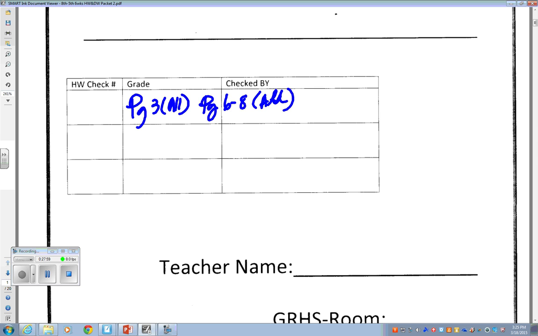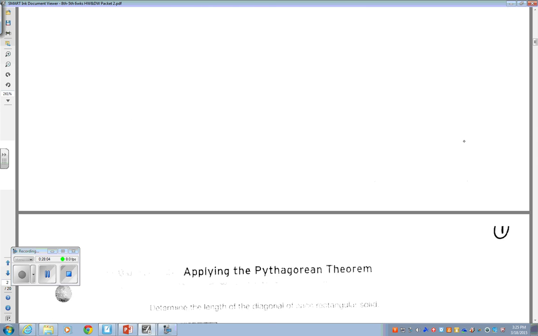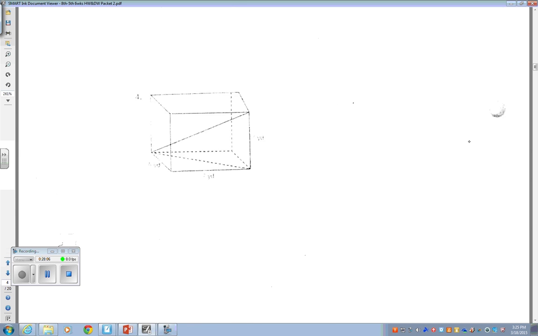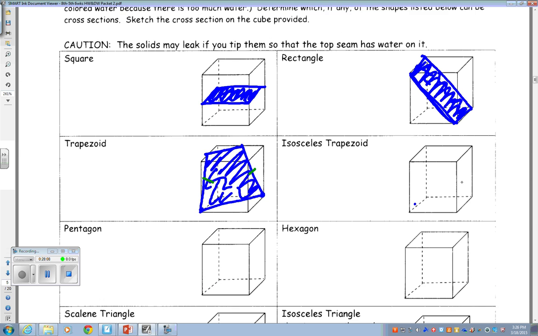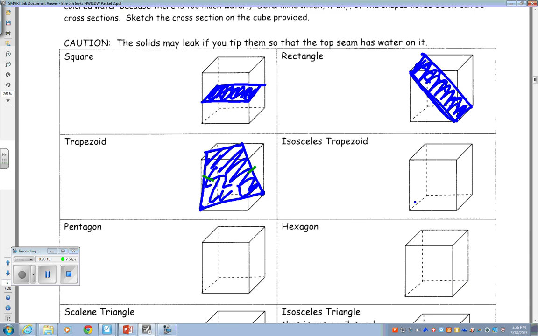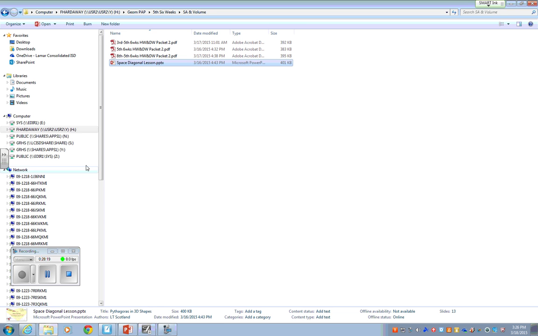Page 6 through 8 all. Yesterday, we already started to look at page 3, looking at cross sections. Also, I haven't posted this, but I'm going to do this as soon as we get done with class. And I'll show it to you real quick. Let me find it.